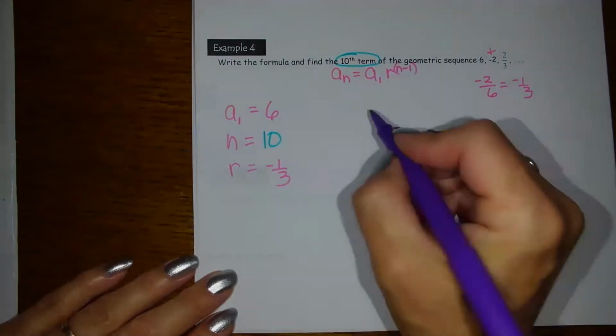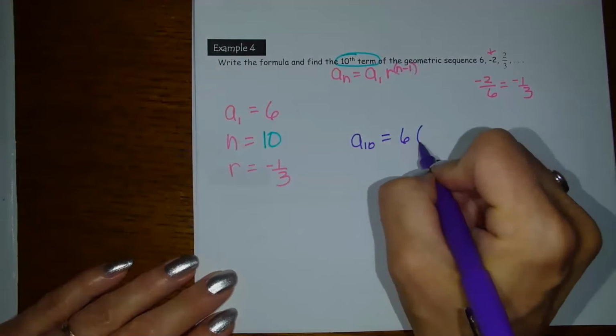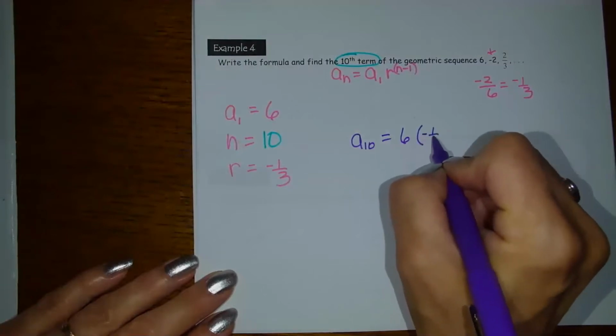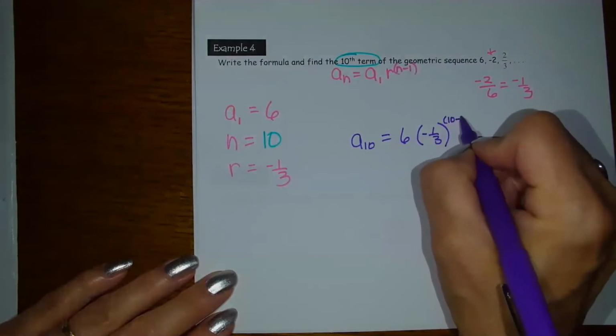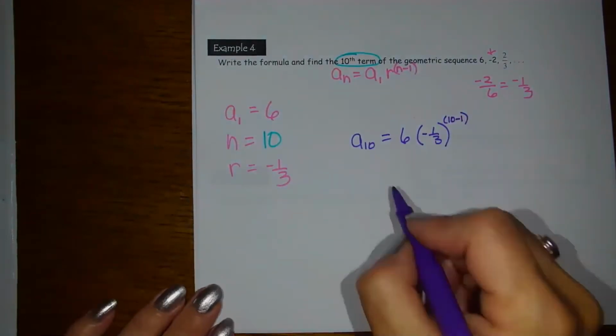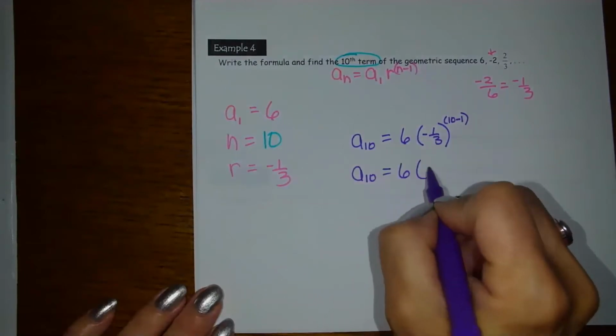Okay, so we have A10 equals 6 times -1/3 to the 10 minus 1. So feel free to punch that in. You may use a calculator for your arithmetic.